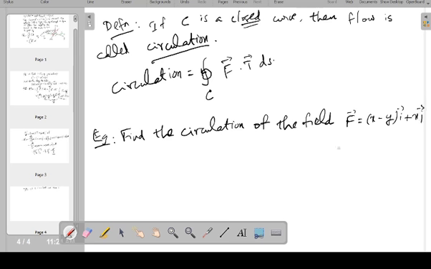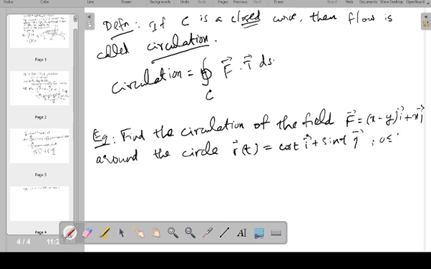There is no z component, so this is a field in the plane. Around the circle, r of t equal to cos t vector i plus sin t vector j, zero less than or equal to t less than or equal to 2 pi.